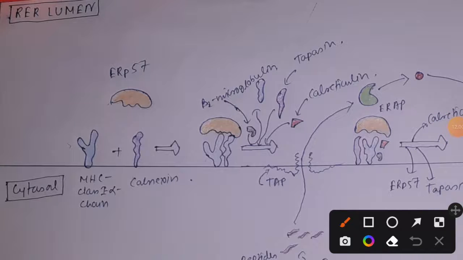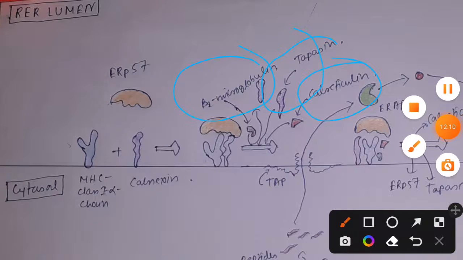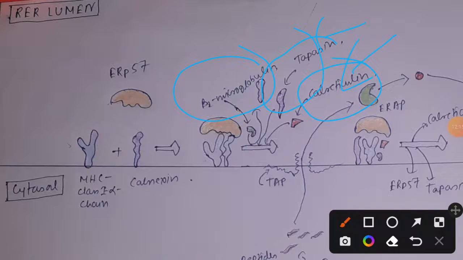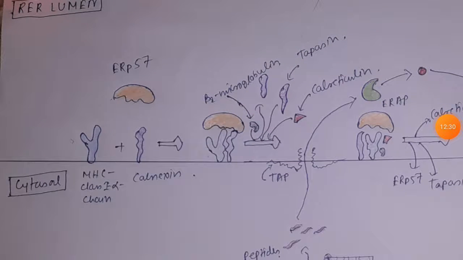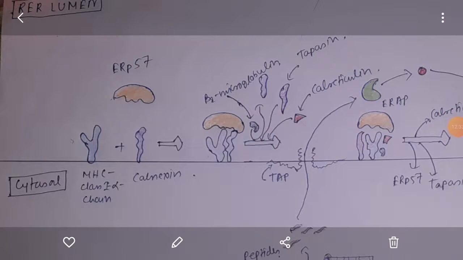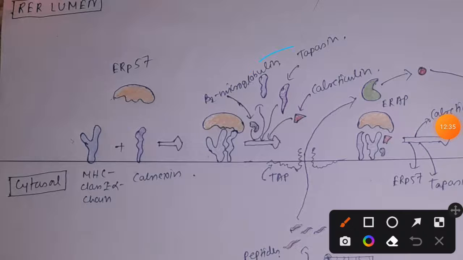So now after that, beta 2 microglobulin will also allow the entry of tapasin and calreticulin. Calreticulin and tapasin are another two chaperones. Although girls do not allow their boyfriend to meet other girls, the boyfriend has to tolerate his girlfriend's friends even if he doesn't like it.